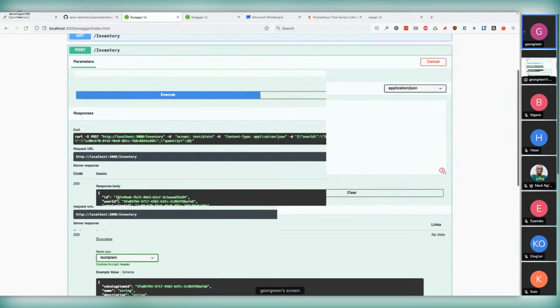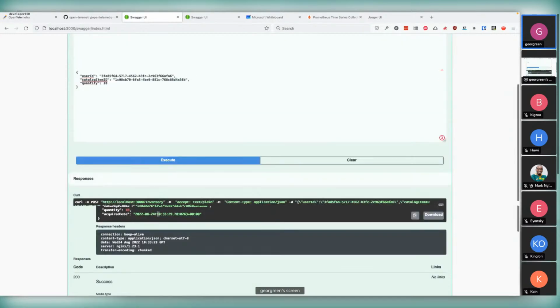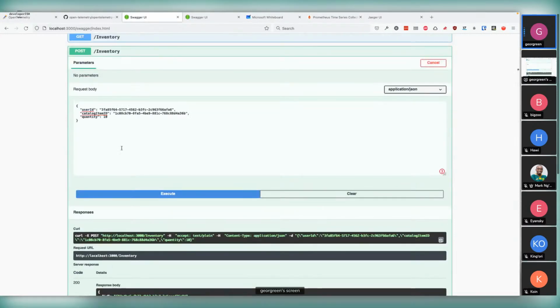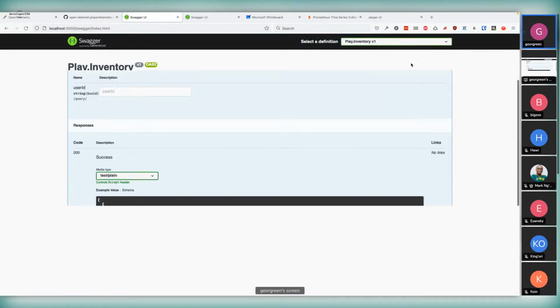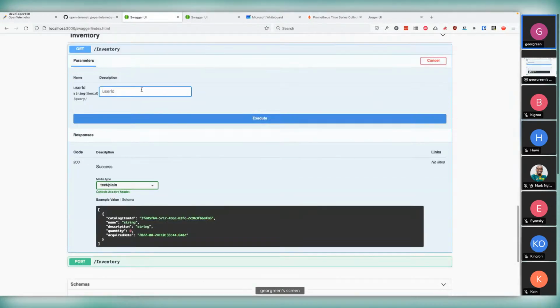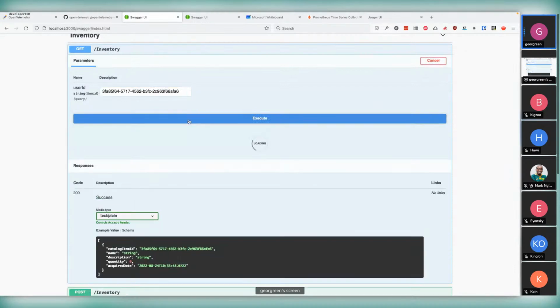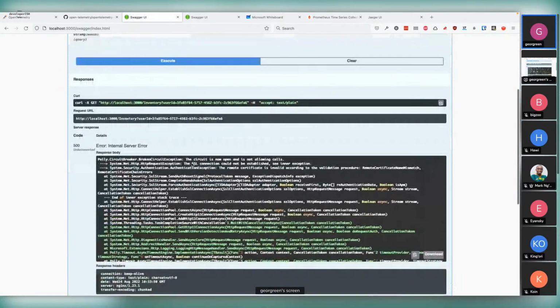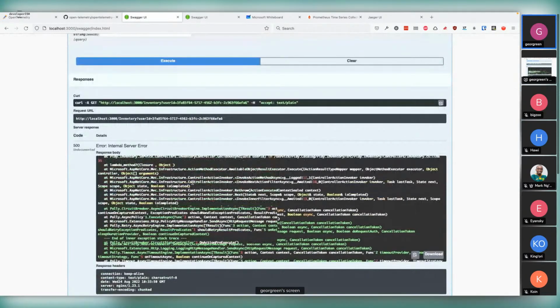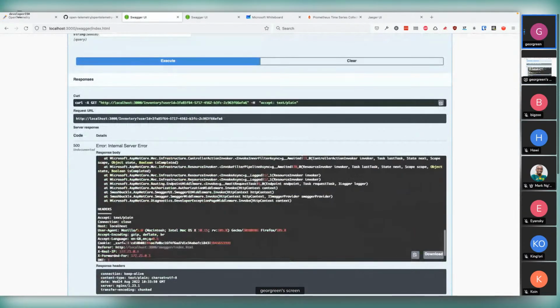And you can see we have some stuff here. Then what we can try to do is, let's see if we can get everything that this user has. So we can try this out. And we execute this. And, oh, wait a minute. Something happened. Okay, this is bad.